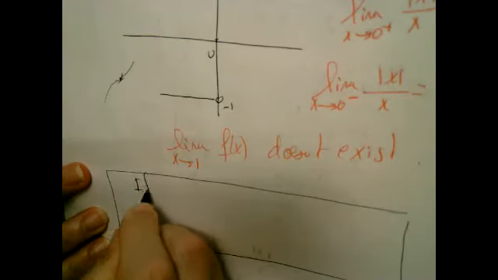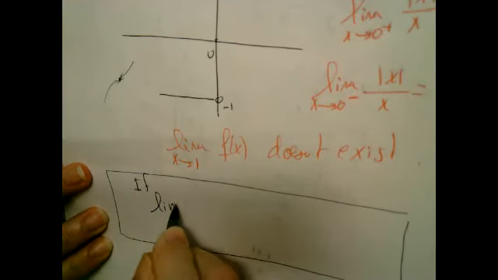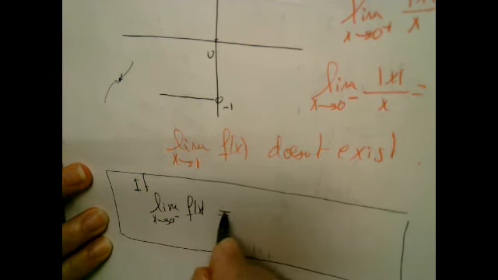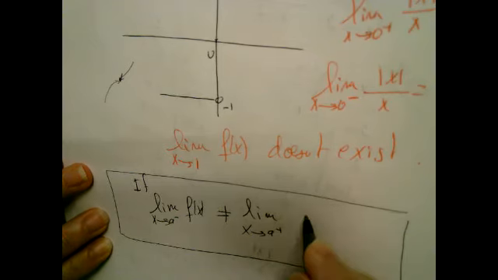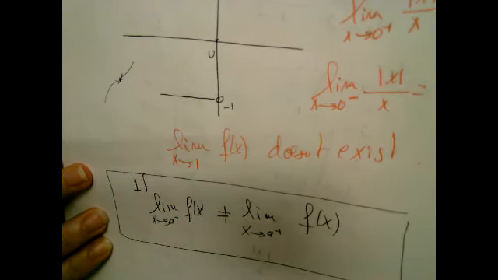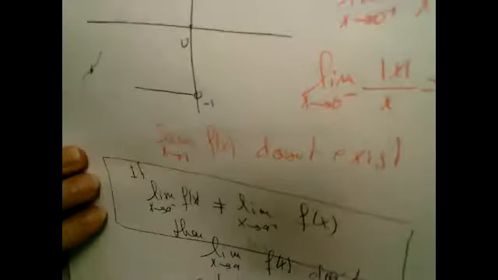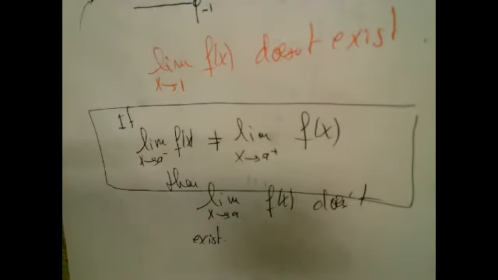If the limit from the left is different from the limit from the right, then the limit as x goes to a of the function does not exist. So one way the limit does not exist is for the limit from both the left and the right not to be the same.